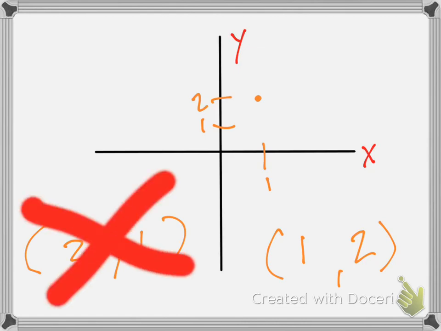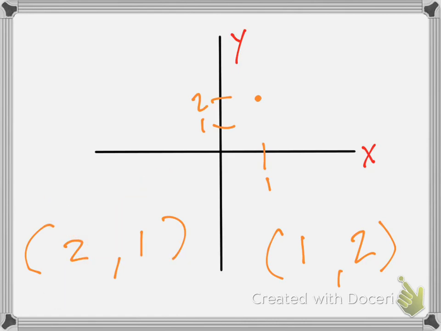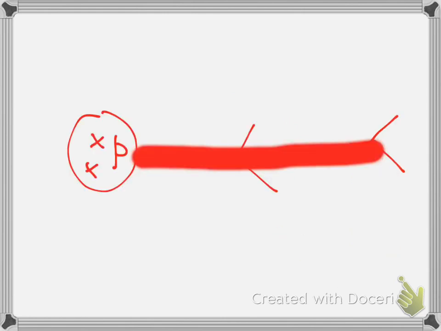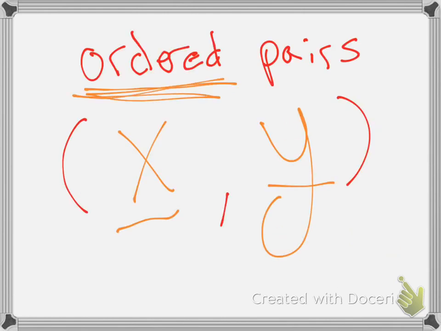No. That's incorrect. Exactly. X goes first. 2, 1 would look like this. That point right there. They're completely different points. So the order that we write it in matters. That's why it's called ordered pairs, because the order we write it in matters.